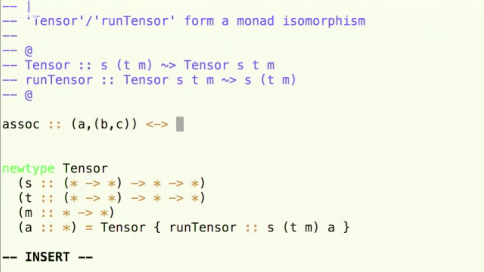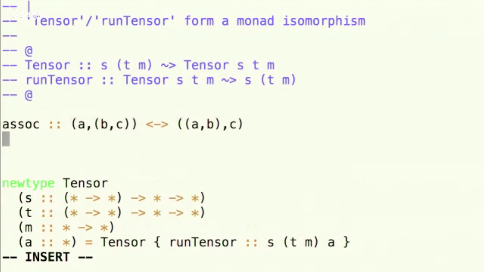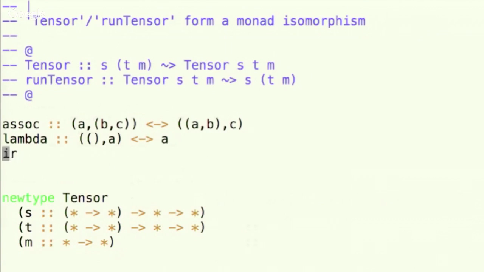You should be able to go back and forth between this and A, B, C. And if we have a unit, we should have something we'll call lambda, which should say that this is isomorphic to that. That should be rho. And by the way, these are for left and right. These are terrible names. I didn't name them. Blame the mathematicians, they like their Greek letters.